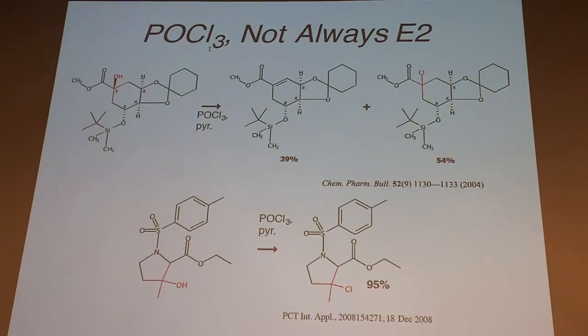That's where it cleanly goes to alkene. Tertiary alcohols sometimes give a lot of substitution because of carbocation stability, or they give a lot of, with primary, they give a lot of halides also, and that's because the SN2 pathway becomes operable. It's really better with secondary. Here's one where it's all substitution, but that's a tertiary alcohol.